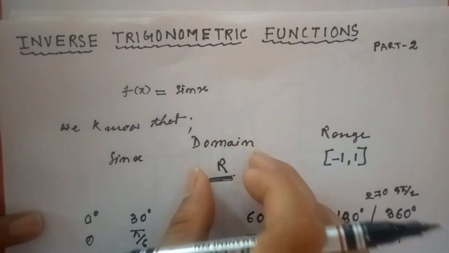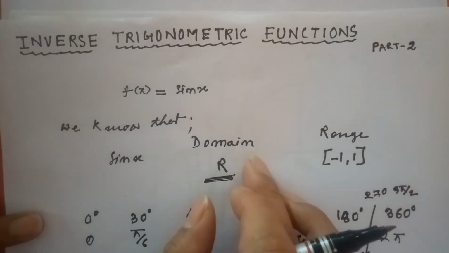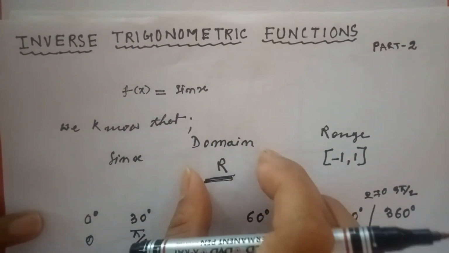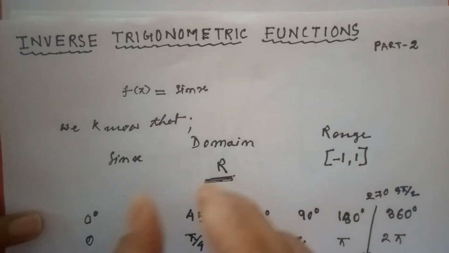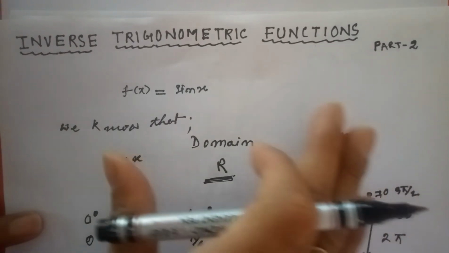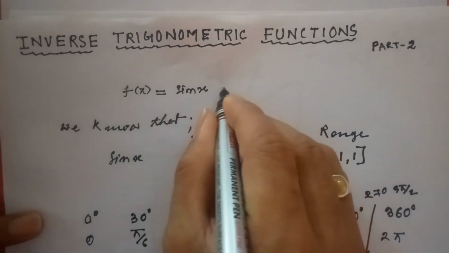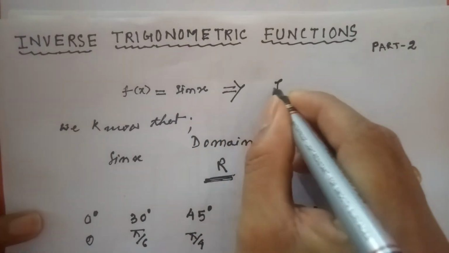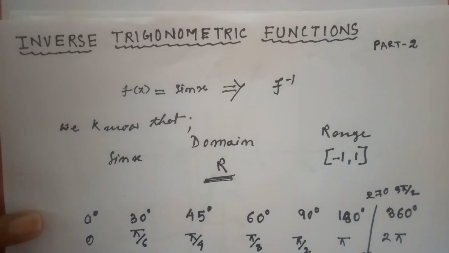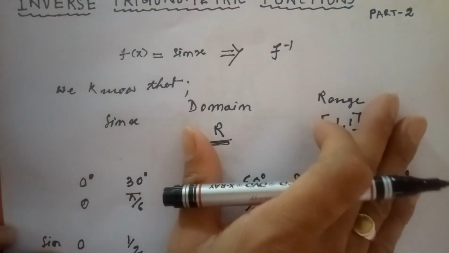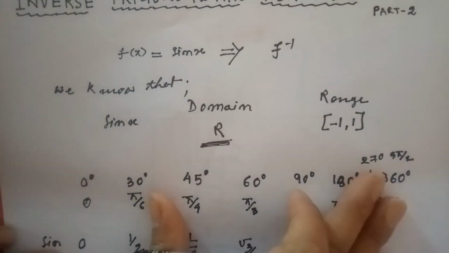If we restrict the domain to minus pi by 2 to pi by 2, then one-one and onto is possible, so it's possible to make the inverse of this function, that is f inverse x. That's all for part 2. We discuss the other functions in the next part.